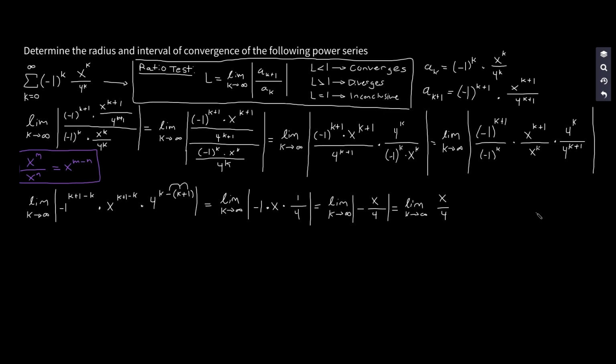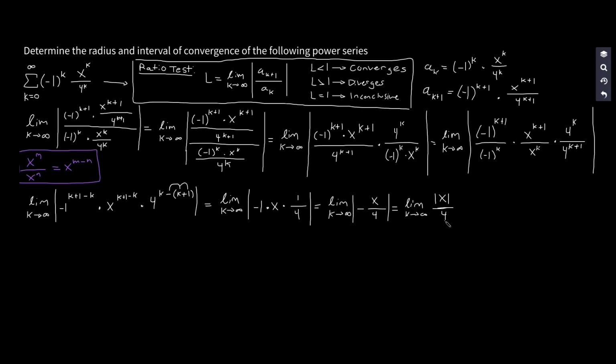No, not exactly. We could leave it like this. We have to put absolute value brackets on that x, to leave that as the absolute value of x over 4. So we have the limit as k approaches infinity of the absolute value of x over 4.